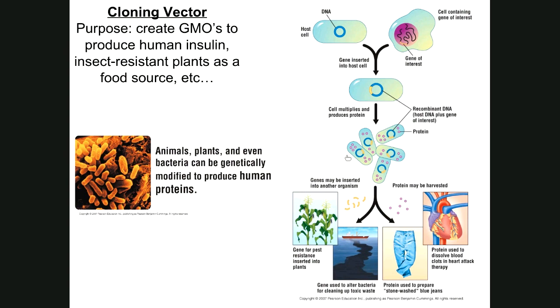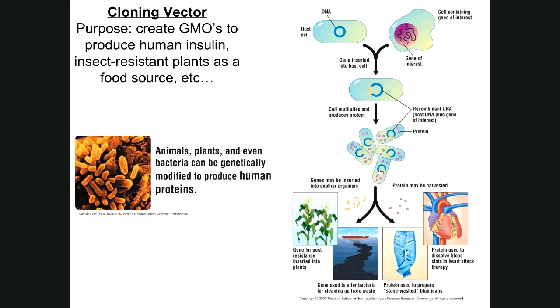Down here, what they're showing you is that by creating these cloning vectors, and by using particular pieces of DNA to create that vector, we can end up transforming, say, bacterial cells with a cloning vector that has human genes that produce proteins that help prevent blood clots. Or we can insert a cloning vector into bacterium that allows them to produce an enzyme that helps them digest the carbon compounds in an oil spill.